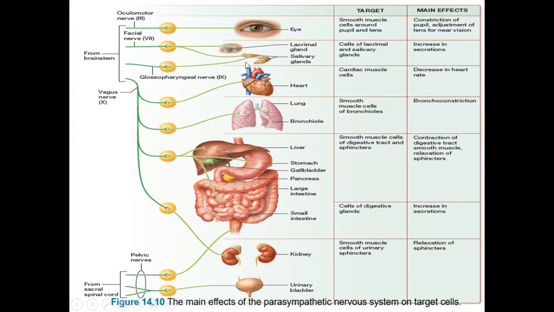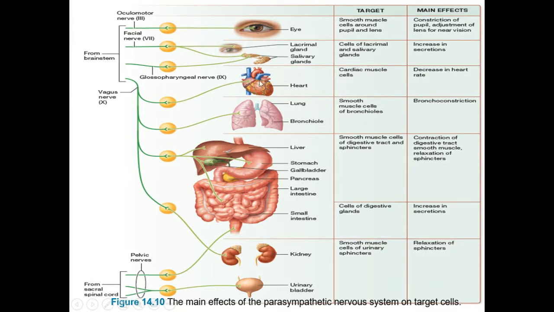For example, the eyes are going to go ahead and constrict. So you don't need too much light in the retinas, right? Because again, you're not fleeing, you're not fighting, you're essentially resting. So you need less light so you can rest better, right? So that's what happens. Now, salivary glands are digestive. You want to increase secretions of saliva to help you digest a lot better. Lacrimal glands, you want to increase those too, so that your eyes can be cleaned, right?